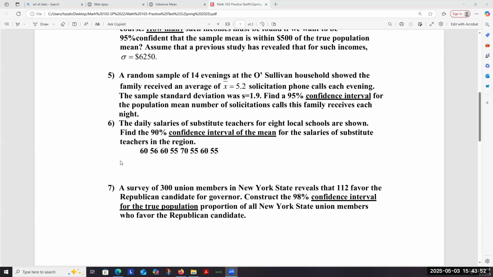So the difference between this problem and the previous one is you have 8 schools, 8 numbers only. So you have to use the t-test because the sample size is very small. But in order to do it, you have to find the mean and the standard deviation yourself. Okay, and then set up the test.